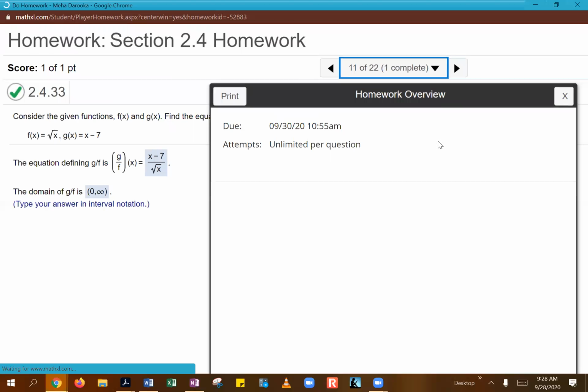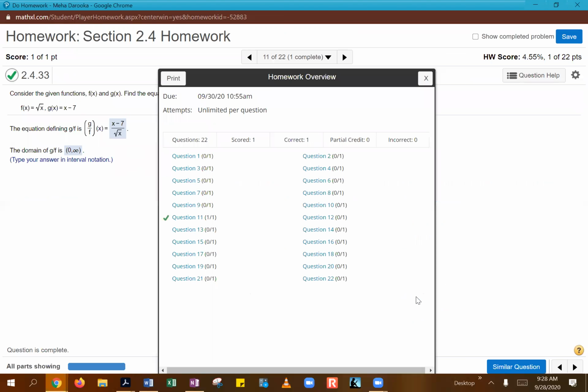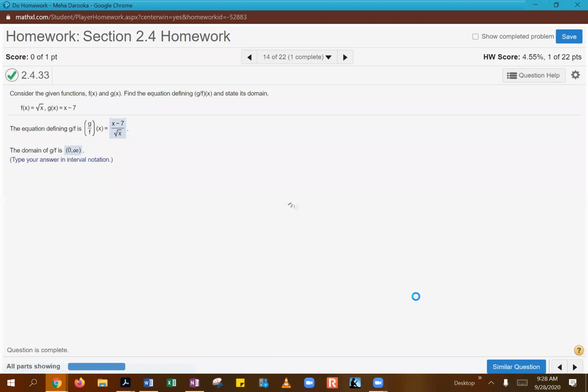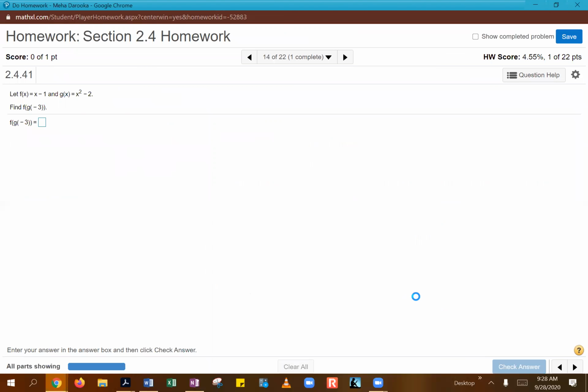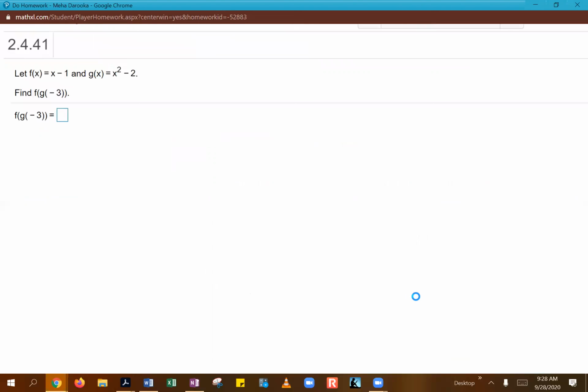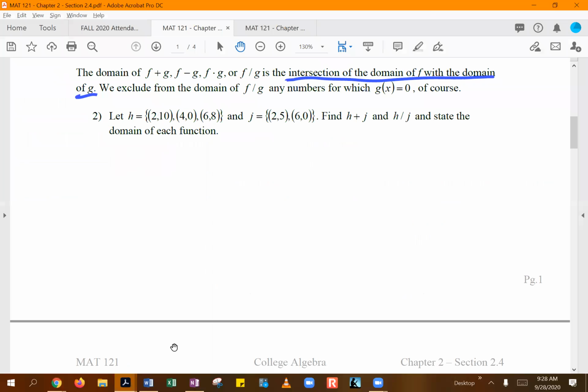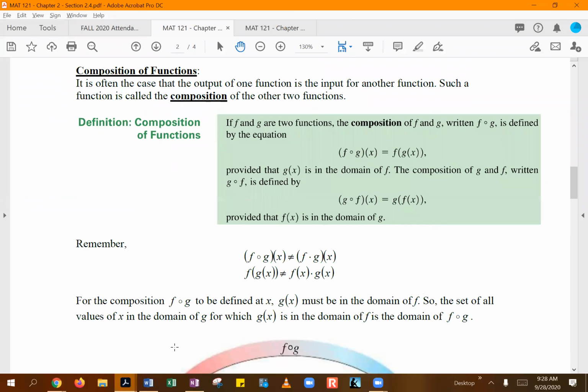Now, the next example I wanted us to look at, okay, what happened here? There we go. Okay, so this is where we're getting into the second part of our 2.4 section, and this is where we talk about composition of functions.